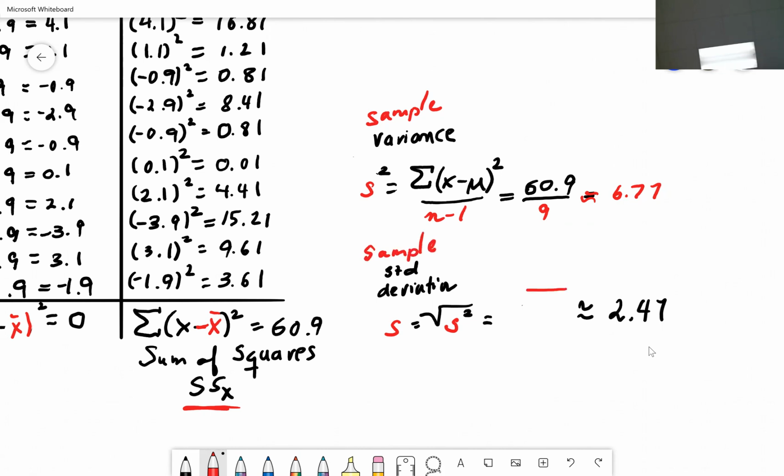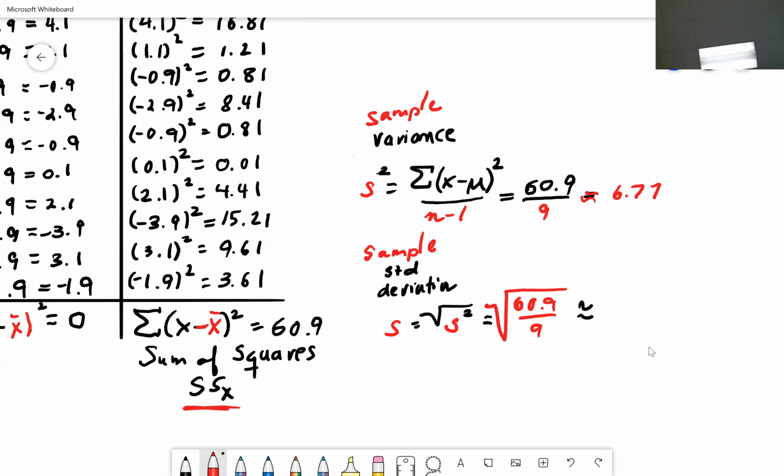So you would take the square root of 60.9 divided by 9. That's what I would do. Because you can use 6.77, but 6.77 is rounded. The number in your calculator is probably rounded too, but it's more accurate.